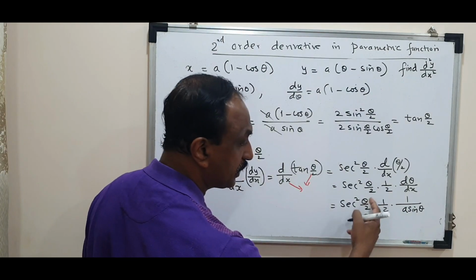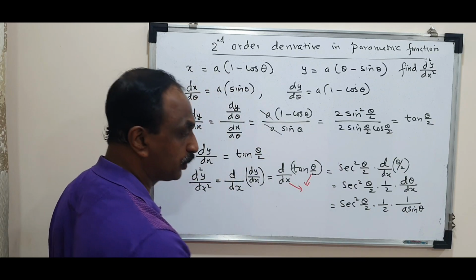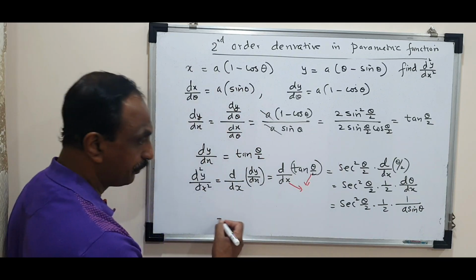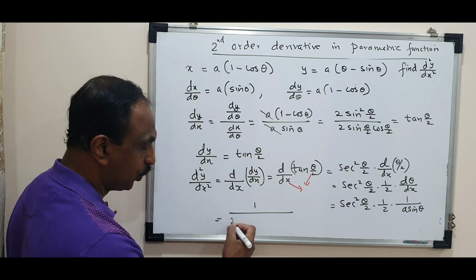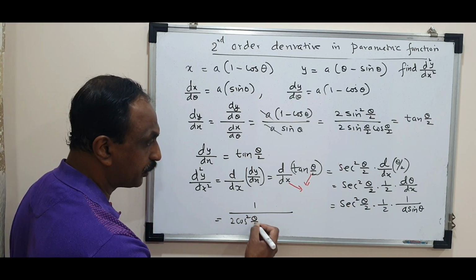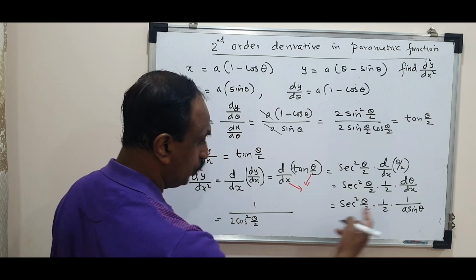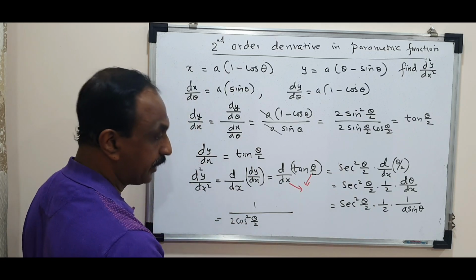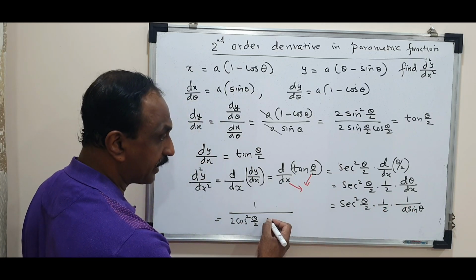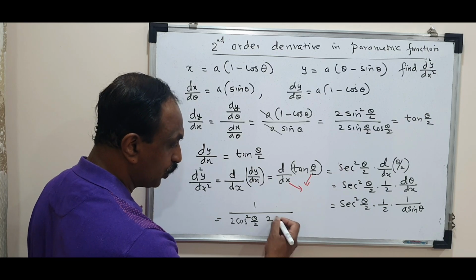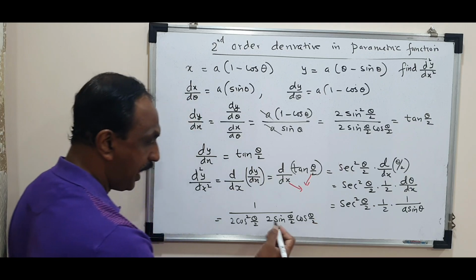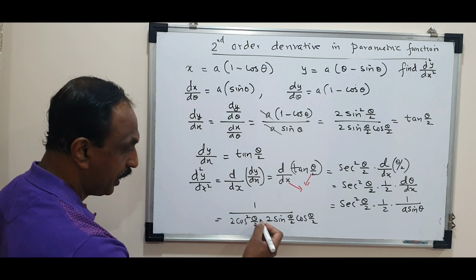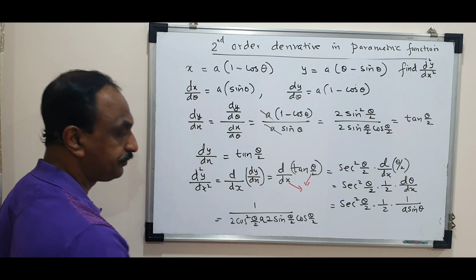Because this is theta by 2, let me make this also theta by 2. 1 upon sec square, I can write as 2 cos square theta by 2. So 2 is here, sec square here, and sin theta I am writing as 2 sin theta by 2 cos theta by 2, and this 2 and this 2 will combine, and there is also an a in it.